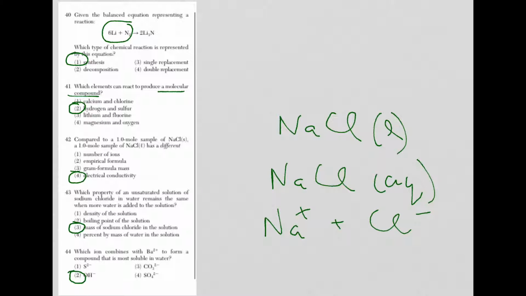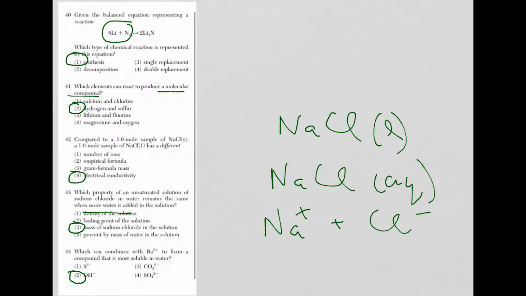I don't know if I said that right. So which property of unsaturated solution of sodium chloride remains the same when more water is added? So what am I doing? I'm making it more dilute. So the answer there is choice 3. That's an interesting question. That doesn't show up that often, so I don't know if that's a new type of question, but we'll have to look out for it in the future.